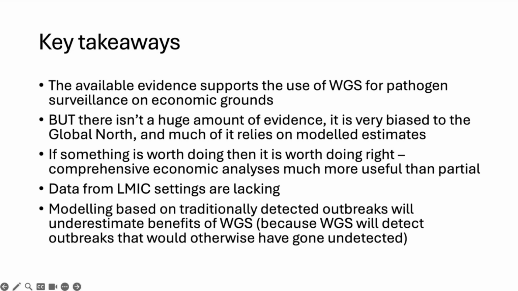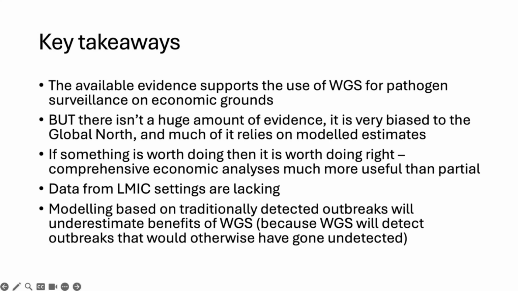Another point that I thought was quite interesting, brought out in some of the conclusions of the papers, was that modelling based on traditionally detected outbreaks will underestimate the benefits of whole genome sequencing, because of its ability to detect outbreaks that would otherwise have gone undetected.